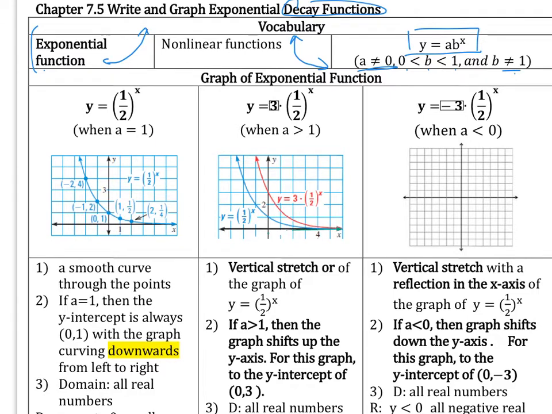So if I give you a simple example here, y equals half to the x power, where a equals 1, meaning the coefficient in the front, then the graph of this exponential function, or specifically decay function, is represented by this graph here.